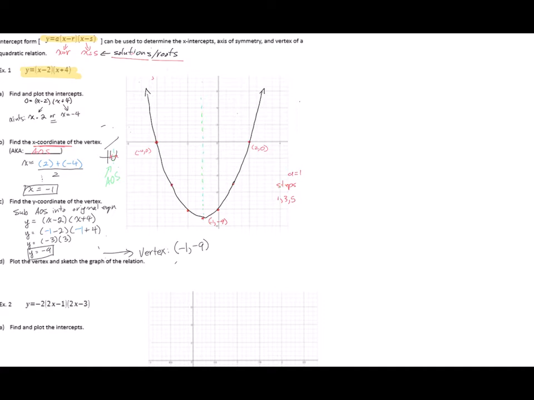And there's our parabola. The only thing that we have left to do is to label our axes. This is the x, this is the y-axis, these go on forever, and our equation, y is equal to (x minus 2)(x plus 4). Now, that's it. We got all the information we need.